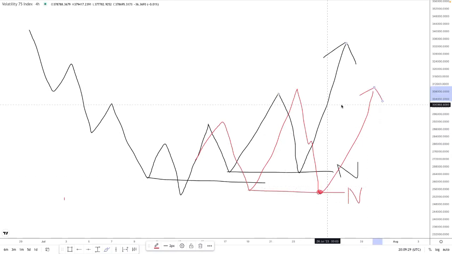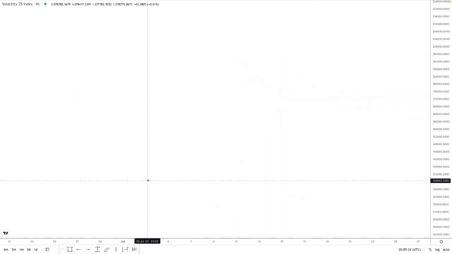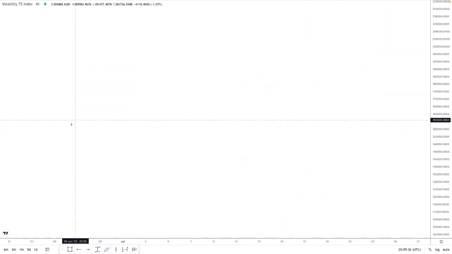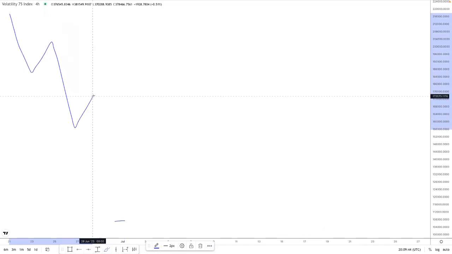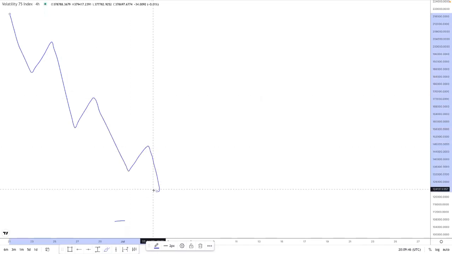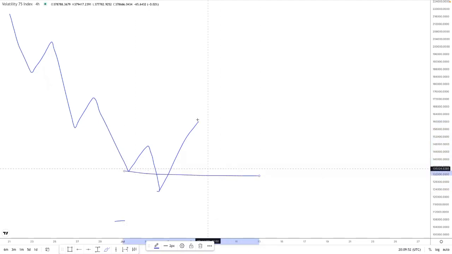So this is our second example. And our third example is that price could actually make some lows. We could have this downtrend. Then we could break our structure. That means we have this invalidation right here.